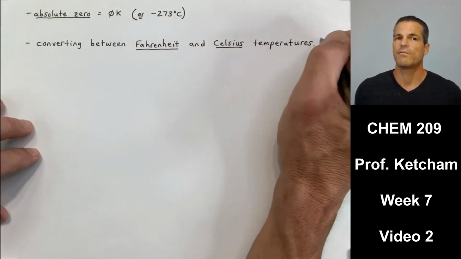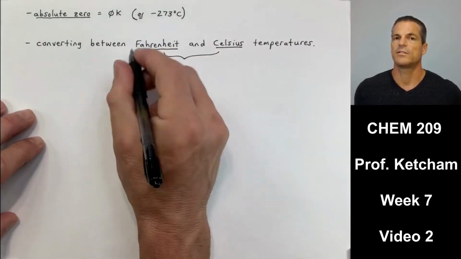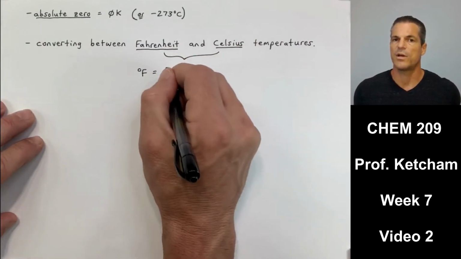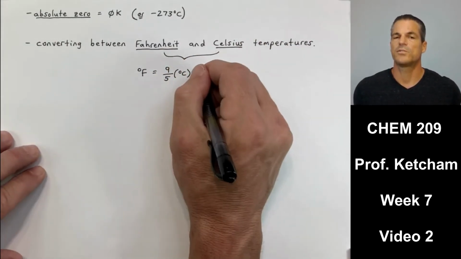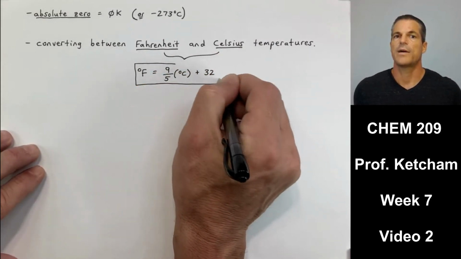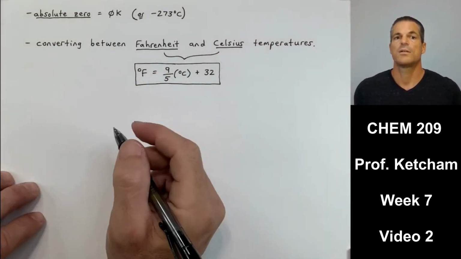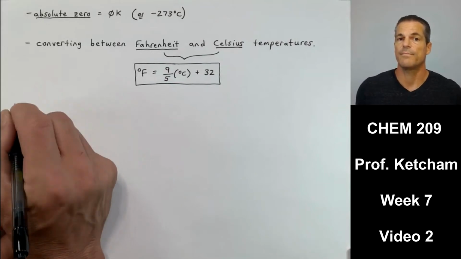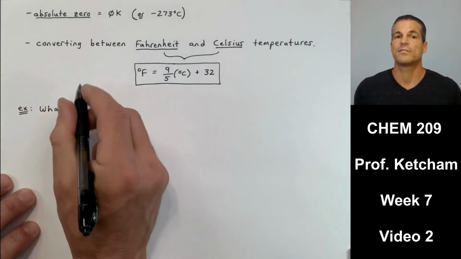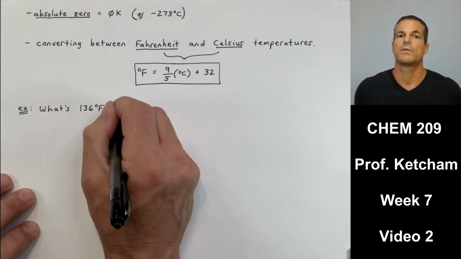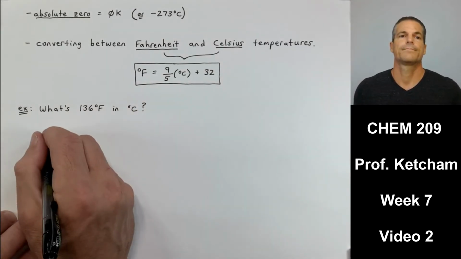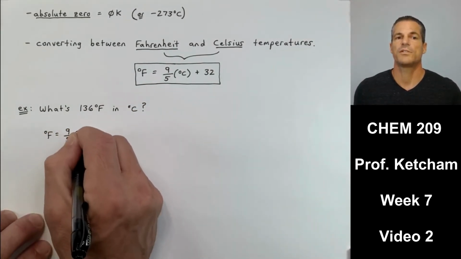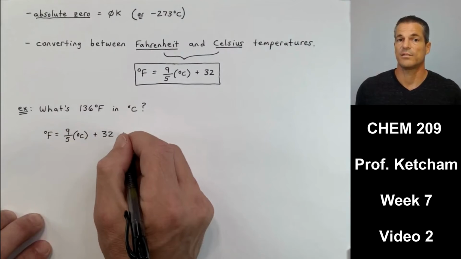Now, how do we convert between Fahrenheit and Celsius? At the bottom of the last page, we saw the equation Celsius plus 273 gave us Kelvin, but how do we go from Fahrenheit to Celsius? Well, the equation is degrees Fahrenheit equals 9/5 times the degrees Celsius value, plus 32. So here's a question. What's 136 degrees Fahrenheit in Celsius?